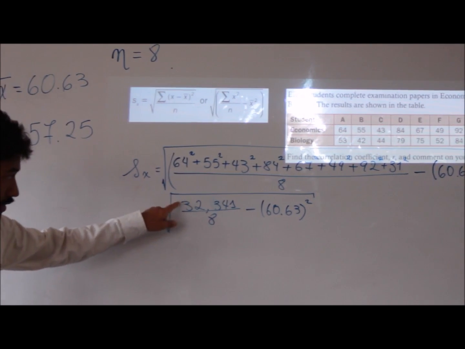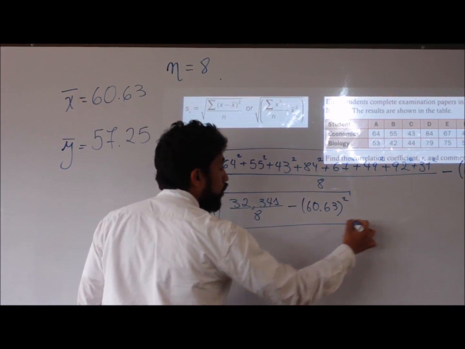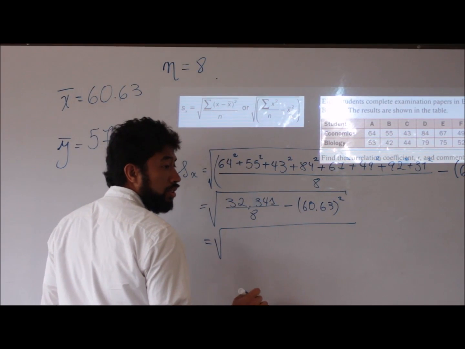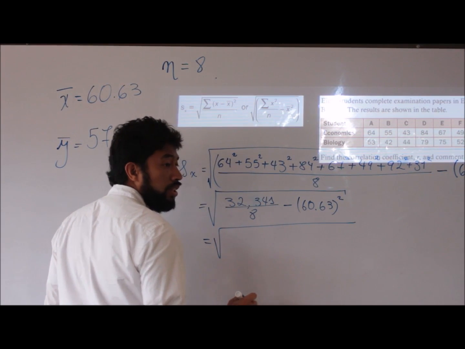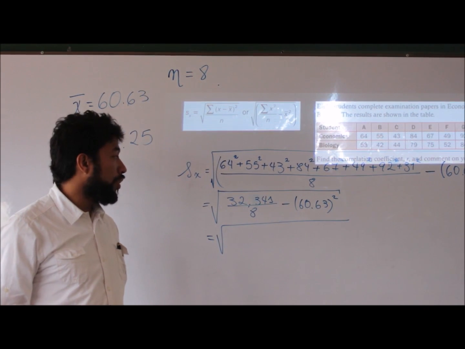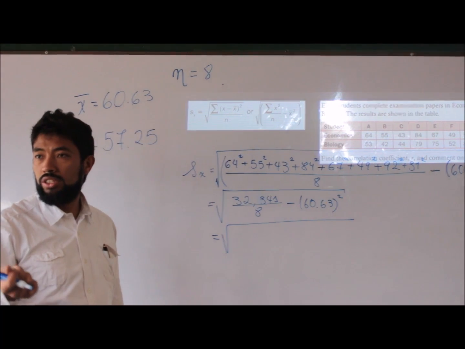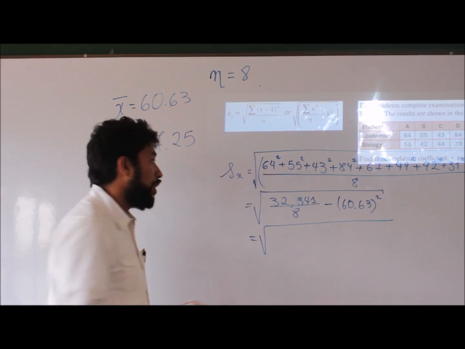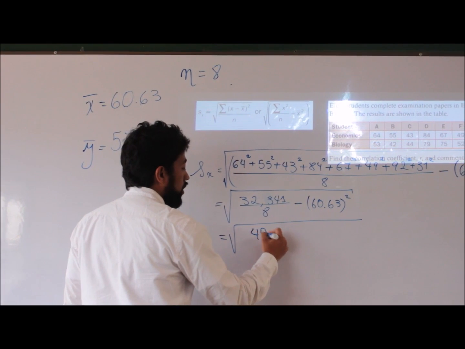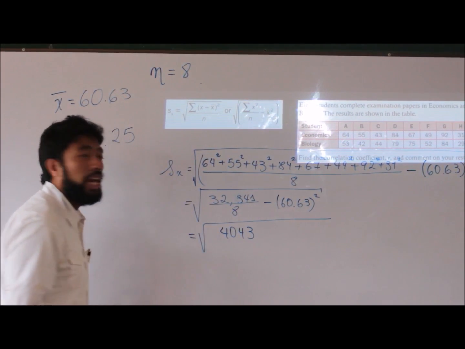How much is this? With 4 significant figures. Tell me. 32,341 divided by 8. It must be 4,042.625, so 4,043, with a decimal.